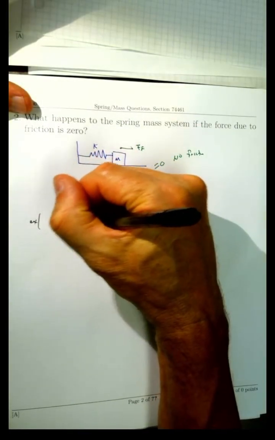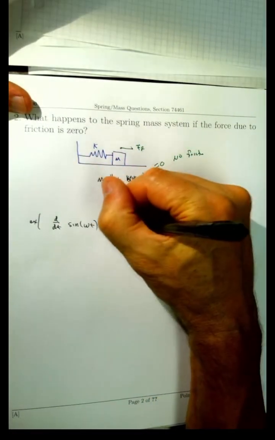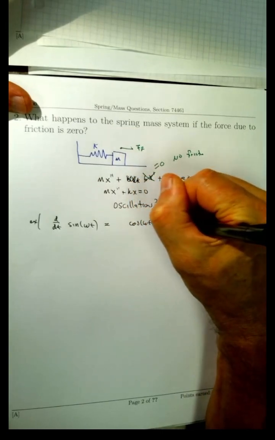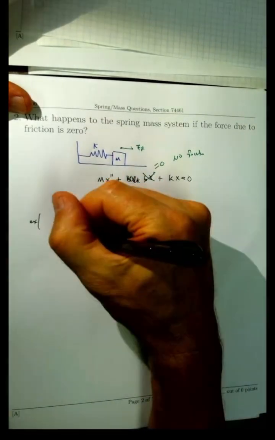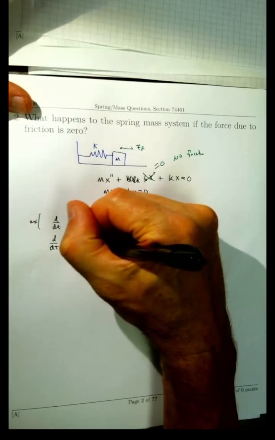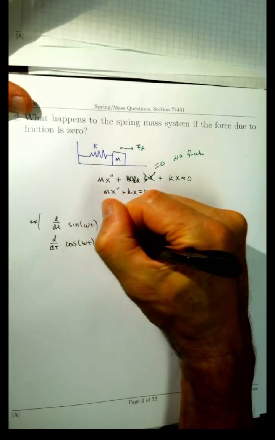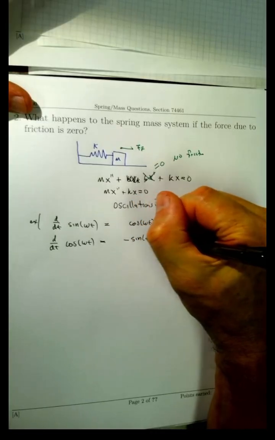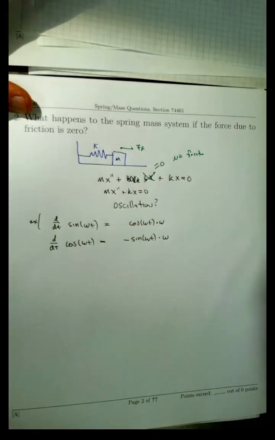So I'm going to have to be able to take derivatives of this thing. The derivative of sine omega t is going to be cosine omega t times omega. And likewise, cosine omega t is also a possibility. So its derivative is going to be minus sine omega t times omega.